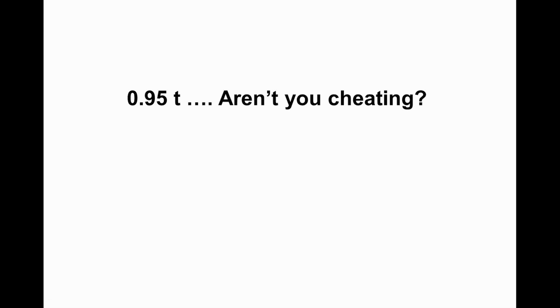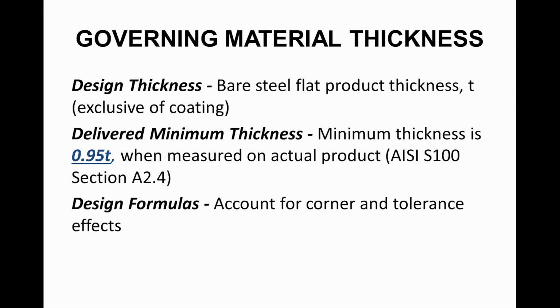Another common question is the 95% T. As I just mentioned, this mechanical property, this thickness that's given on the label, the 54 mil, for example, or the 43 mil, is 95% of the design thickness. It is not the design thickness. So what that is saying is that I can send a product out that has 5% less thickness. And I've had more than one building official especially say, hey, aren't you guys cheating? But this is where we're at with this.